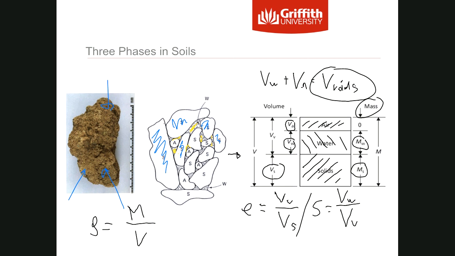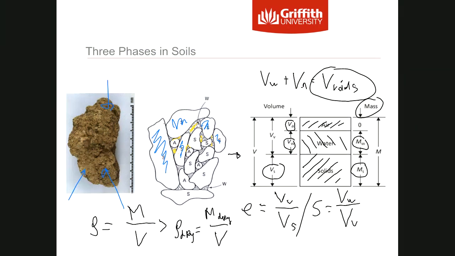If we have dry density, we also use this one. We call it dry. So in this case, we're going to use mass of dry soil and divide it still by the total volume. So you will see that density, in general what we also call bulk density or moist density, usually is higher than dry density.